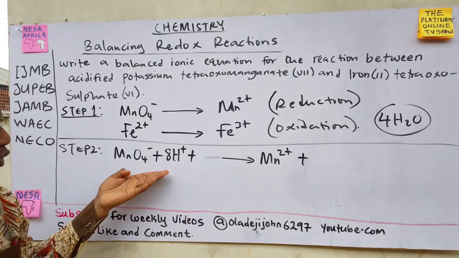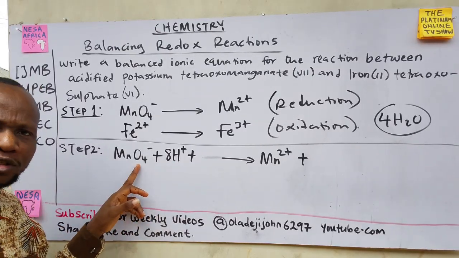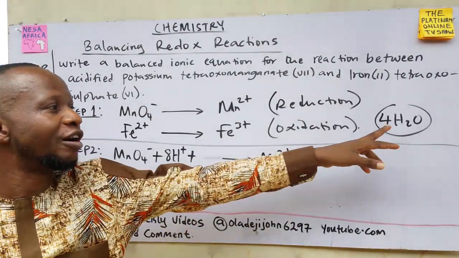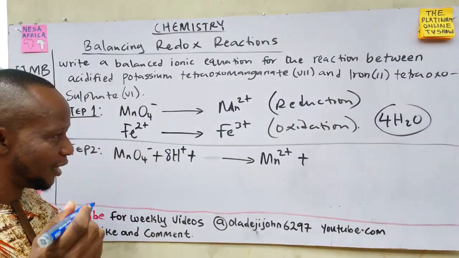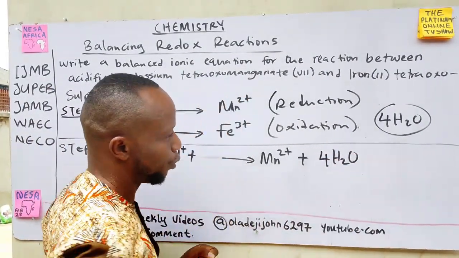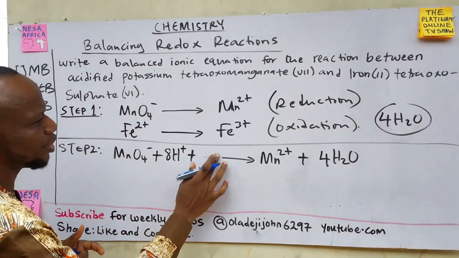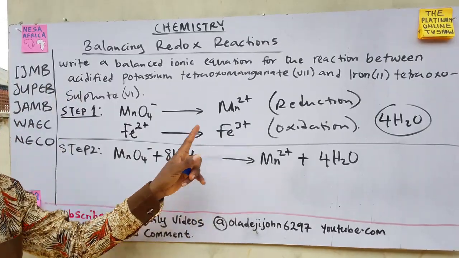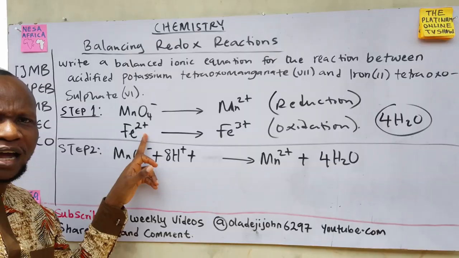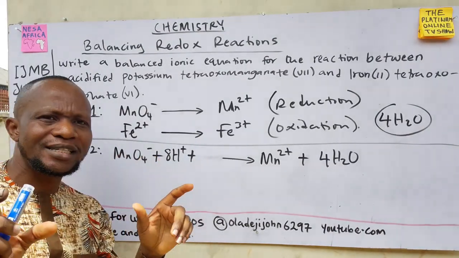If 4 oxygen atoms are reacting with 8 hydrogen atoms, definitely we have 4 molecules of water, so we'll be having 4H2O. Are we following, please? Now, something is missing that is supposed to be replaced by iron. Iron is the other half, but this cannot be left empty.